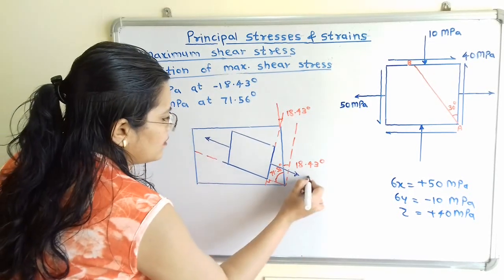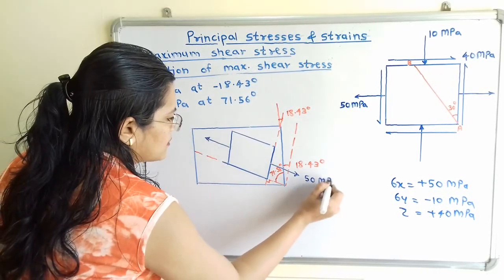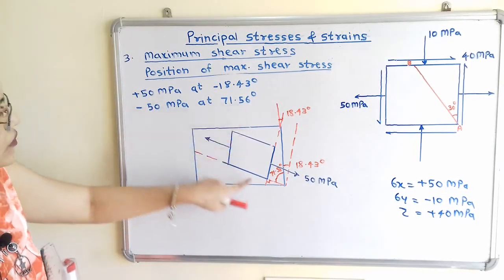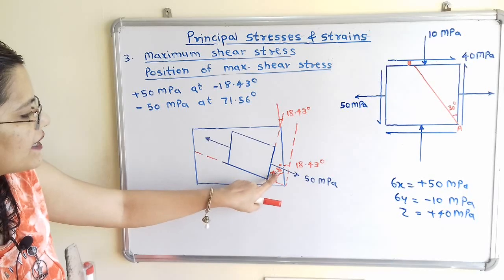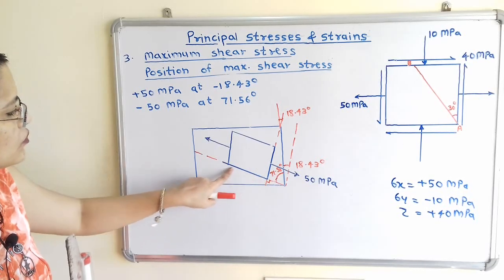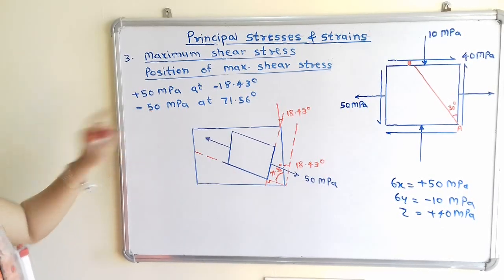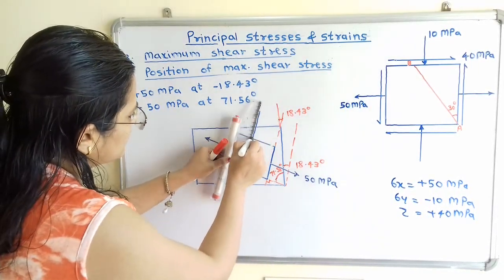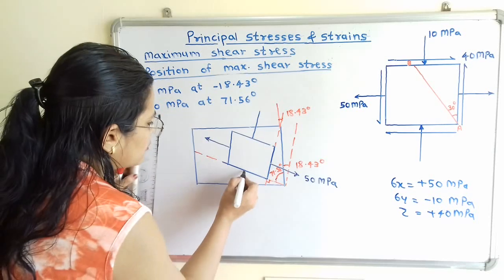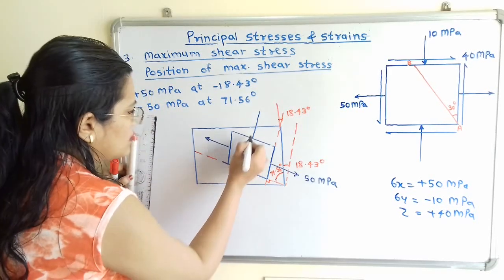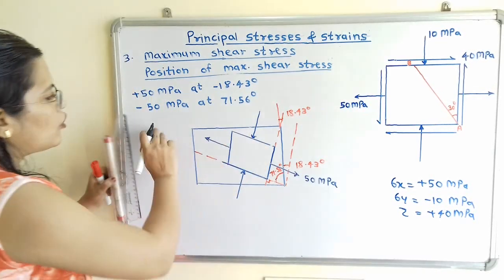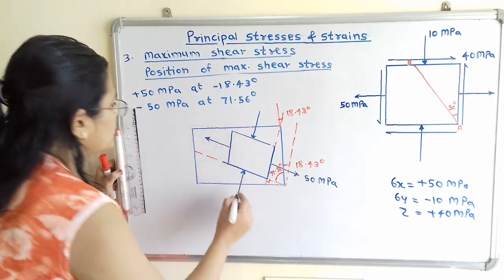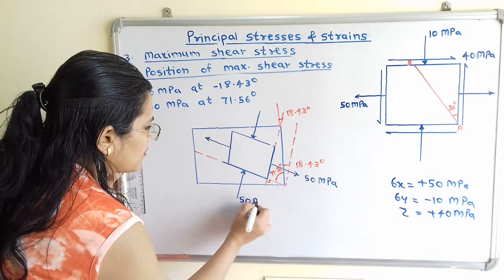And we will show here 50 megapascal. Now for minus 50 megapascal we have to use the line which is inclined at an angle 71.56. So here is minus sign, so we have to show the compressive stress. The direction of arrow is towards the body. Now we have to show only magnitude because we have shown here the compressive stress. So we will write here 50 megapascal.